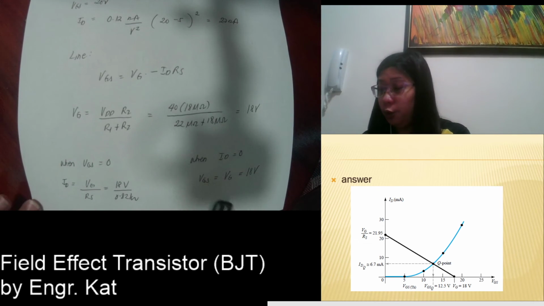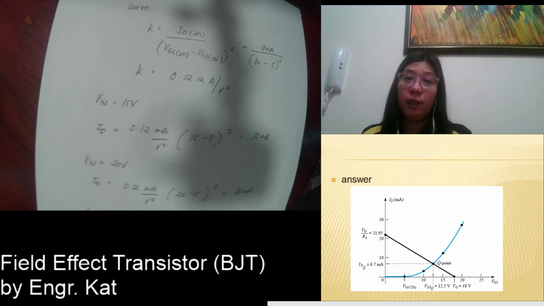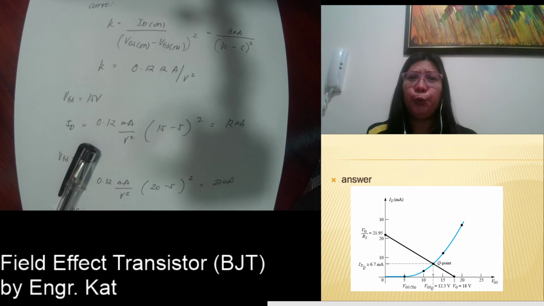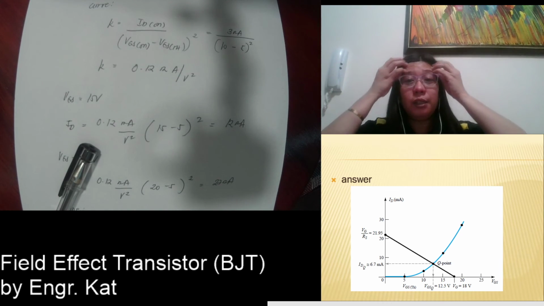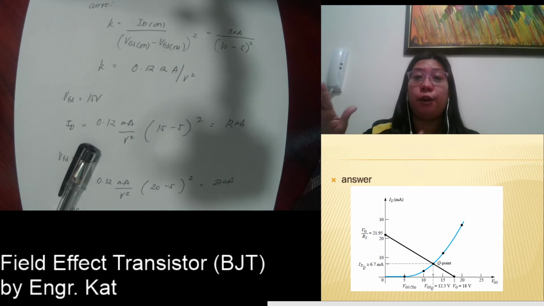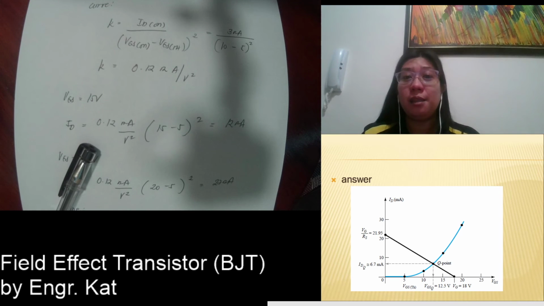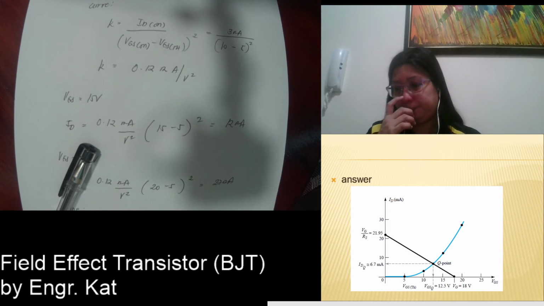Your answer will be based on how accurate your graph is. The voltage divider is the same, so the only difference is the blue curve, because of the formula that we have used in establishing that curve.